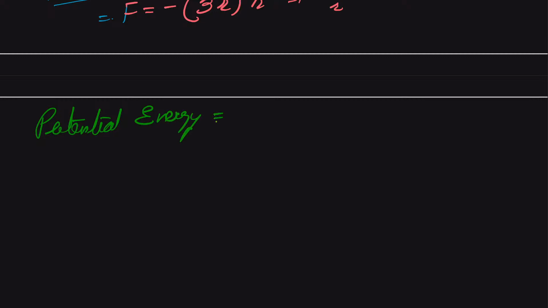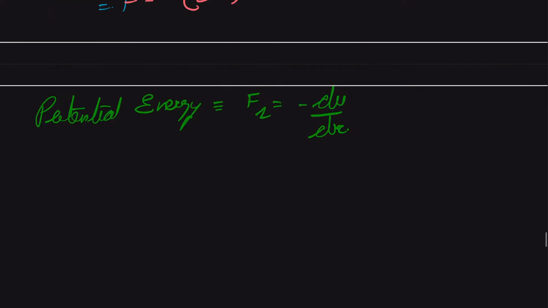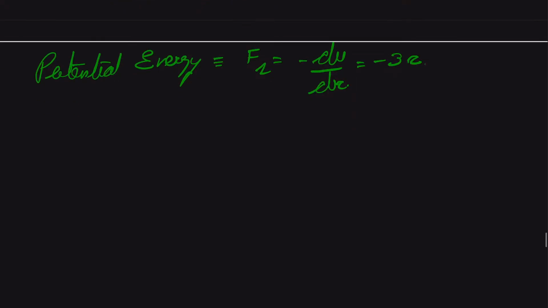Potential energy will be giving us F of r is equal to minus du upon dr, and which will be equal to minus of 3r. Therefore, we can say that du/dr will be equal to 3 times r.